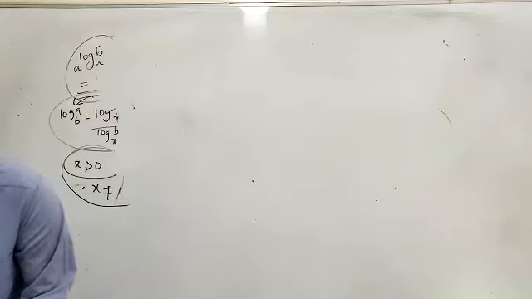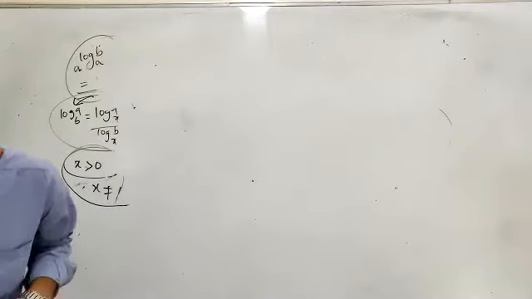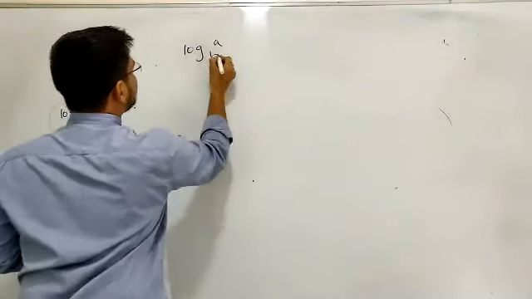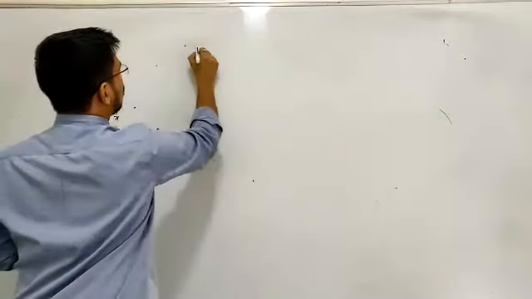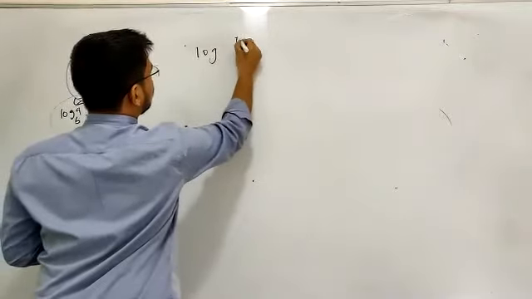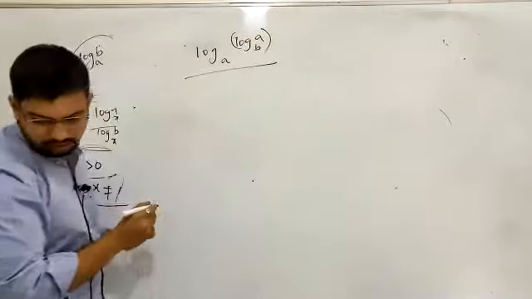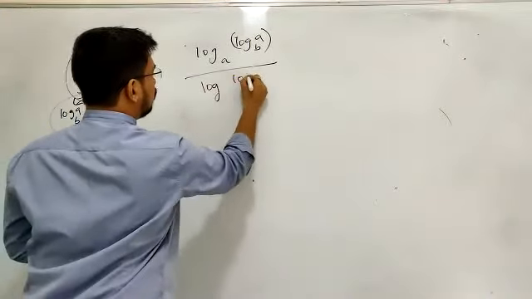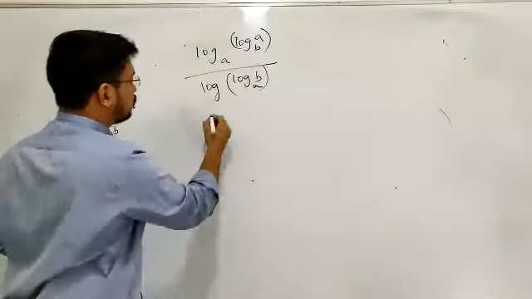One more. Let's see one more. Log a to the base b, log of log a to the base b, the base a, divided by log of log b to the base a, to the base b.